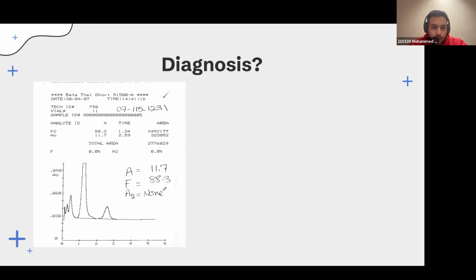High hemoglobin F. Good. So what's the diagnosis? Beta thalassemia major. Good.